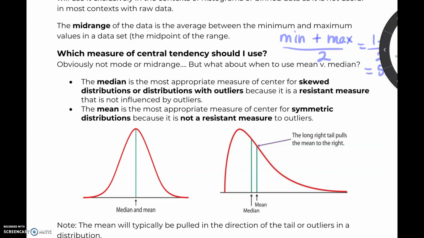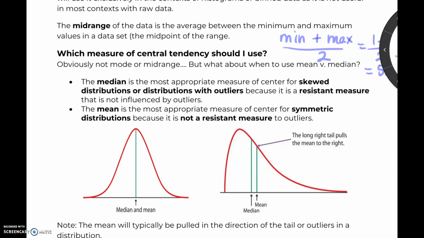If we're calculating the mean, those large values are going to pull the mean in the direction of the tail, and the median is going to be a much better average value of a house in San Diego. So that's why we want to use the median for a skewed or non-symmetric distribution, and the mean for a symmetric distribution.